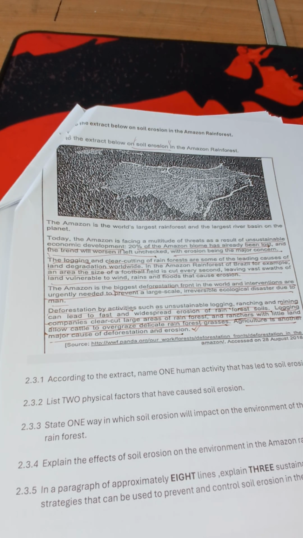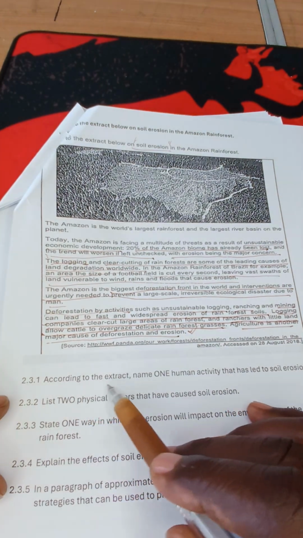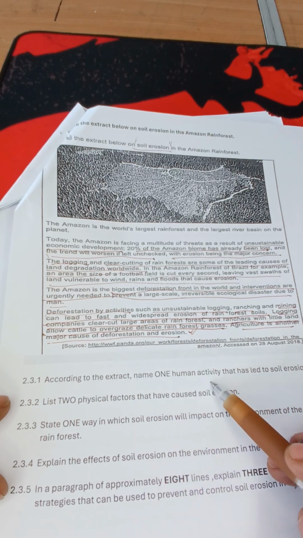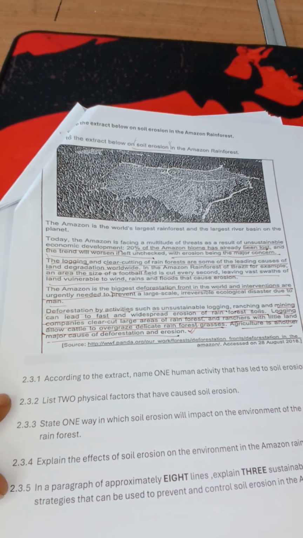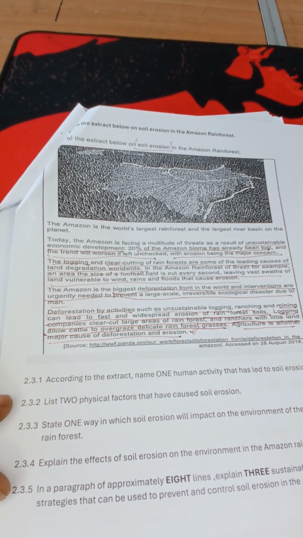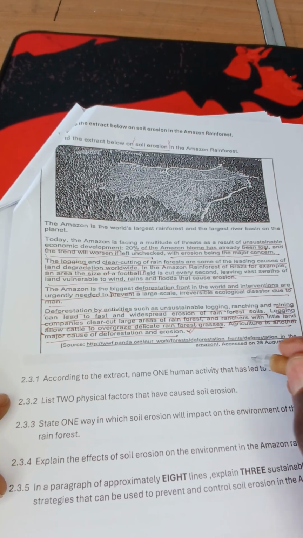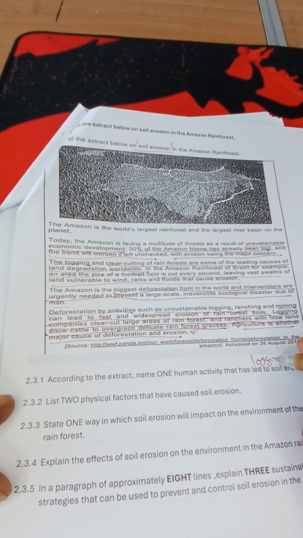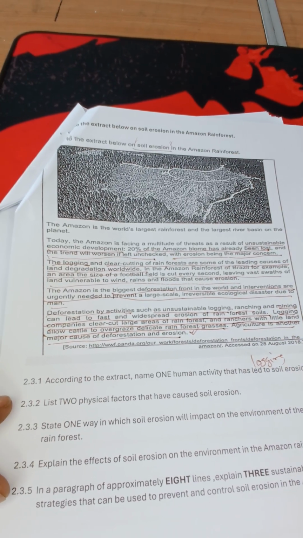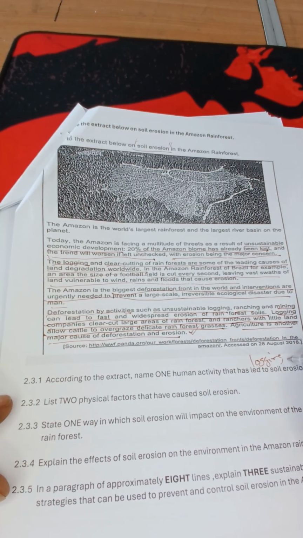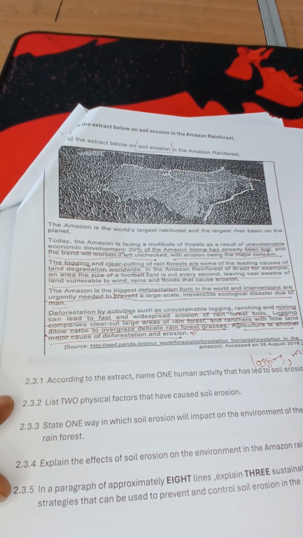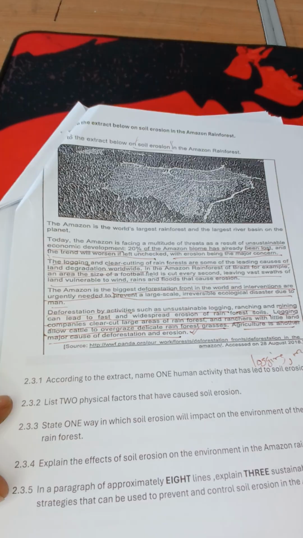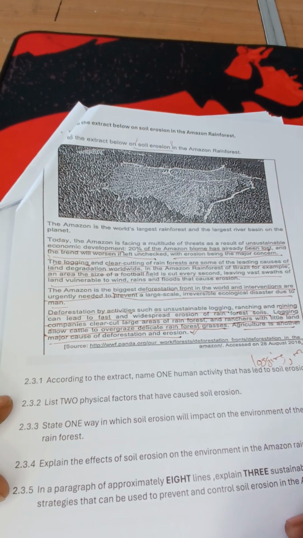So let's go through the question for the sake of time. According to the extract, name one human activity that has led to soil erosion. What has led to soil erosion? We are saying one from the extract. We are talking about number one, logging, which is the cutting down of trees. Number two, mining. What else?